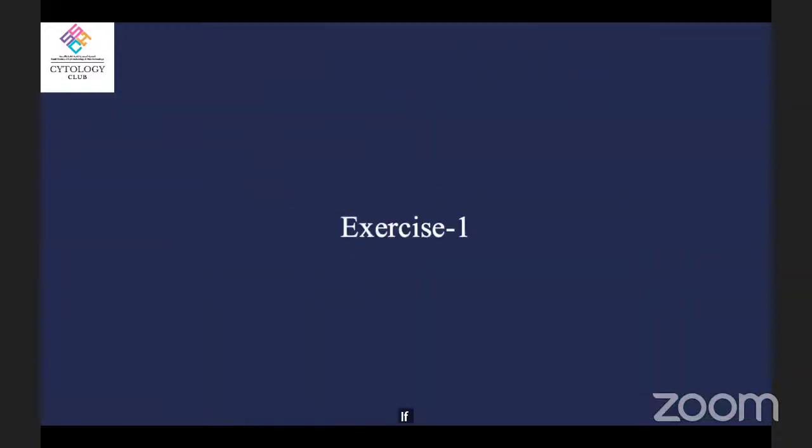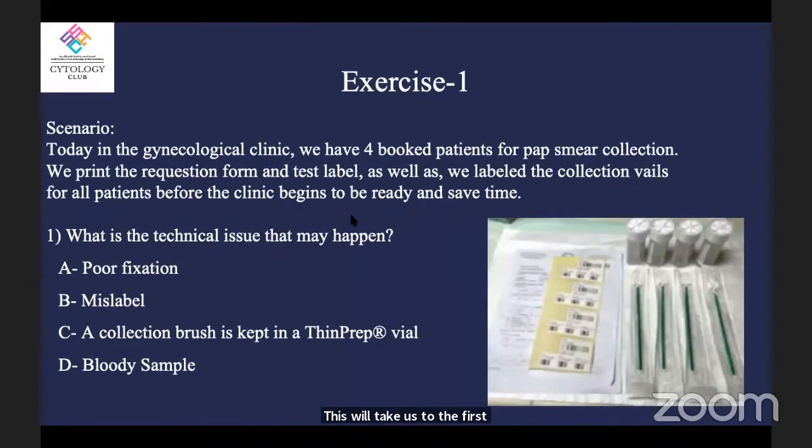This will take us to the first exercise in the first part. So we finished the pre-analytical phase. I will read the question and then could you please participate on the board. A scenario: today in the gynecological clinic, we have 4 booked patients for Pap smear collection.